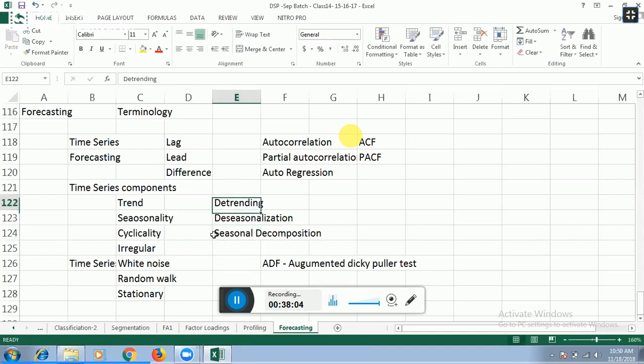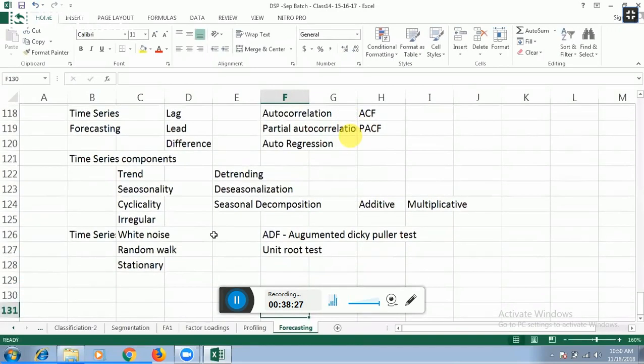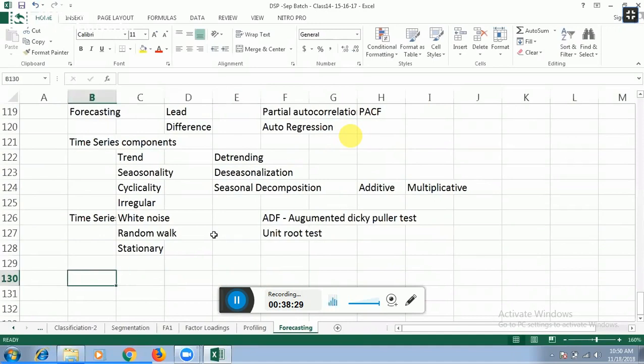There are a few more terms. In decomposition, we have additive decomposition and multiplicative decomposition. This is also called a unit root test. From the metrics perspective: MAPE, RMSE, MSE.